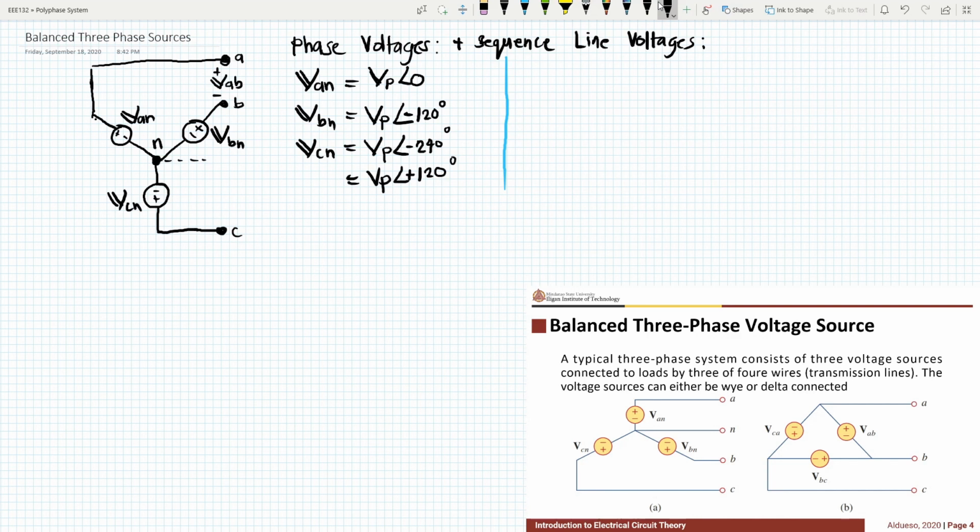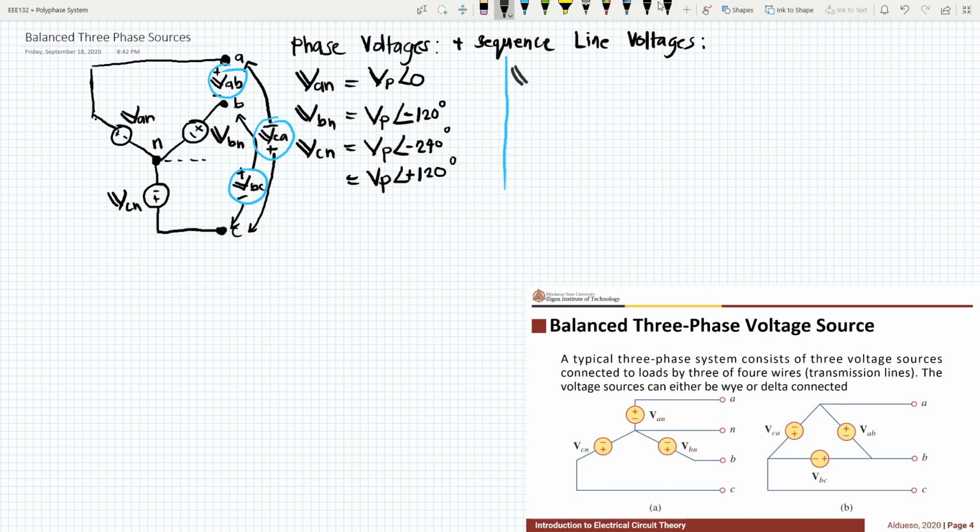The voltage between B and C is positive, negative, VBC. And the voltage between C and A, we have plus minus VCA. So these voltages here are the line voltages.